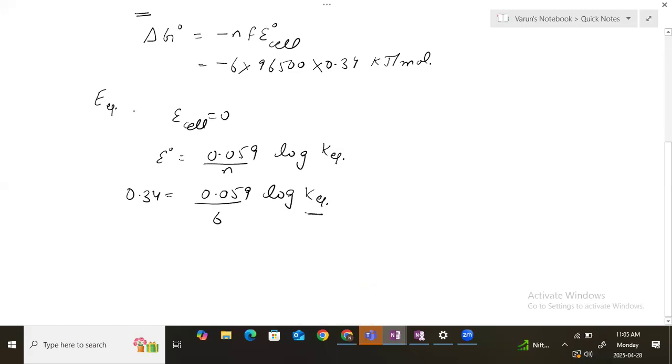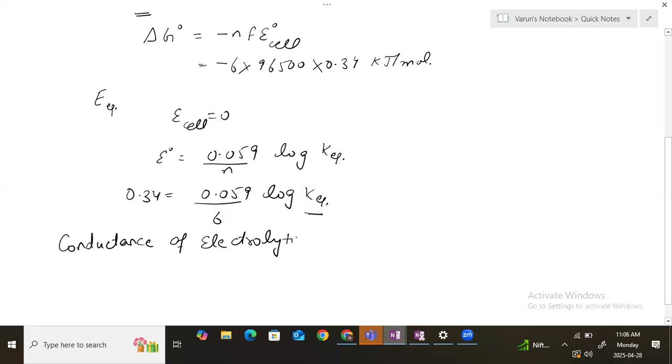The next part that we have to study specifically is the conductance of the electrolytic solution.